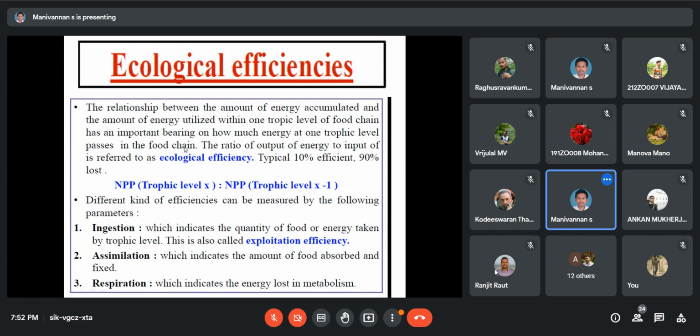Simply, it is the ratio of input and output. For example, if 100 kilocalories are entered and only 10 are taken up, that is the ecological efficiency of this particular trophic level. Is it clear?